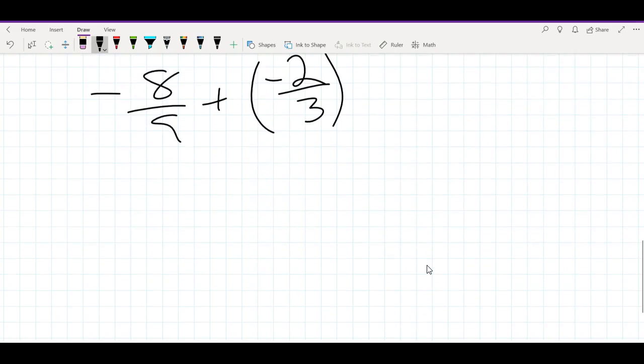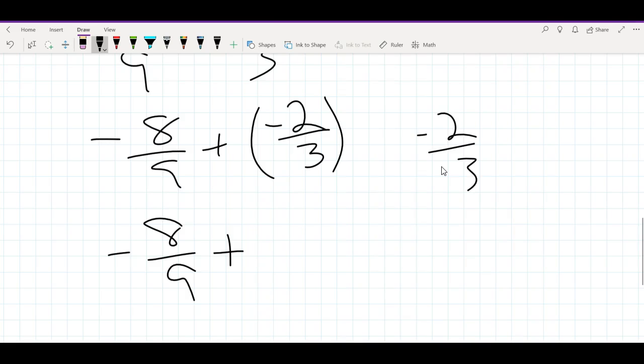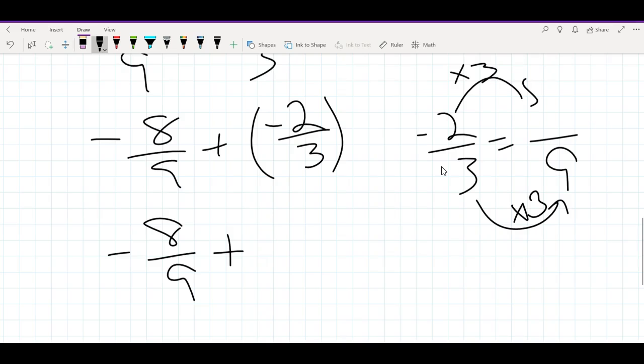So we need a common denominator. If we think about multiples, 9 is already a multiple of 3. So 9 is going to be your common denominator. So we don't have to do anything to the 8/9, but your negative 2/3 needs to have the denominator of 9. So we had to multiply by 3. 2 times 3 is 6.